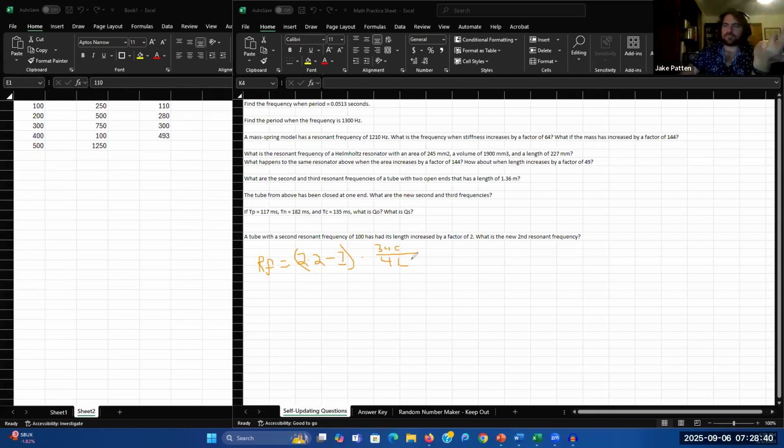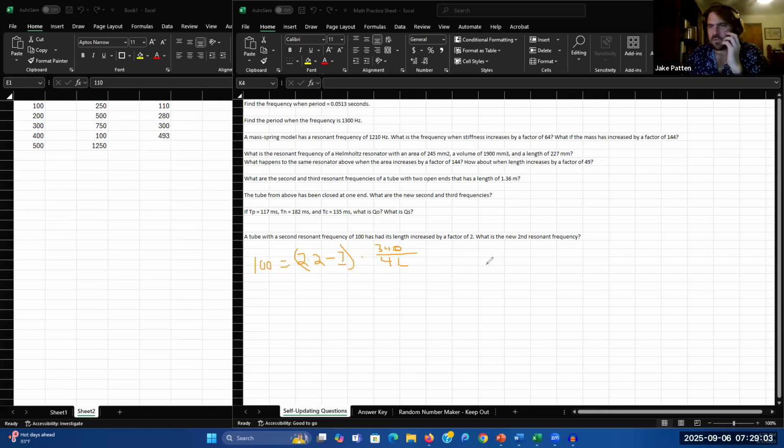We're looking for L. We know everything else. We actually know the resonant frequency, so I shouldn't have typed it in as RF. It's 100. So 100 equals 2 times 2 minus 1 times 340 over 4L.